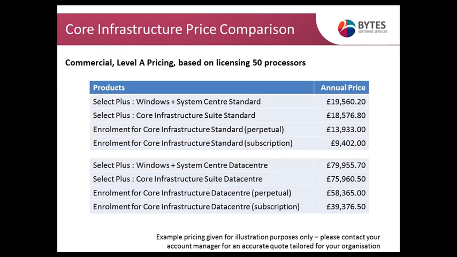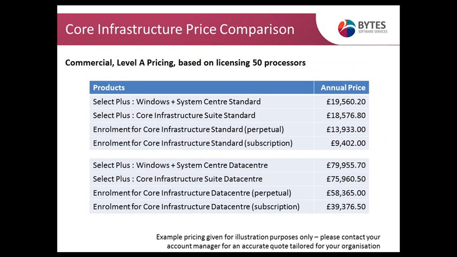Pricing is interesting. Based on commercial price list, level A pricing, and based on licensing 50 processors, I've grouped this pricing table into 2 halves. The top half for System Center Standard, for Core Infrastructure Standard, and the bottom half for the Data Center Edition. If we just quickly look at the top one, the top 2 lines of that is where I've licensed Windows and System Center Standard just through the Select Plus agreement, and that works out at an annual price of £19,500.